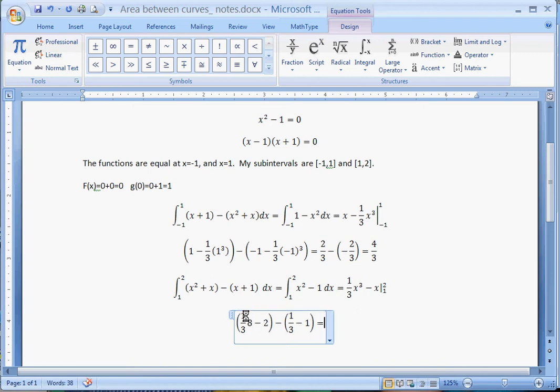Now you might say, okay, 8/3, 8 times 1/3 is 8/3 minus 2. How could I think through that? You could think about that as 8/3 minus how many thirds is 2? Well, 2 is 6/3. And then in the second piece we have 1/3 minus 1. That's negative 2/3. So 8/3 minus 6/3, that is 2/3.